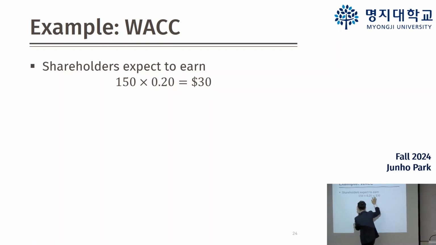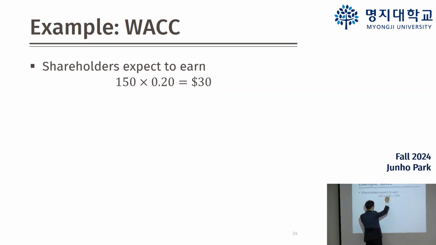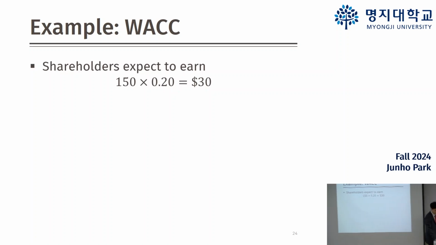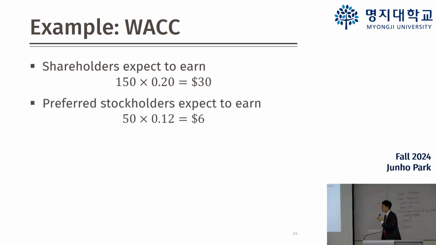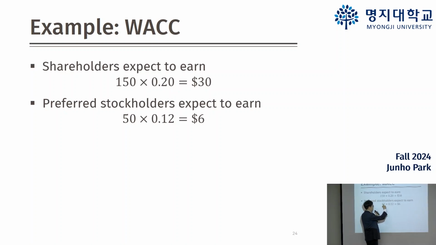$30 because they contributed $150 and they want to have 20% return. Preferred stockholders expect that they can get $6 because they contributed $50 and they demand 12% return.